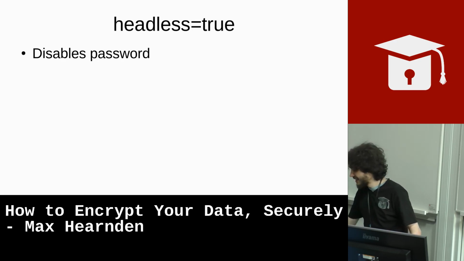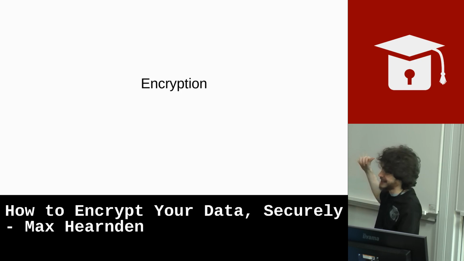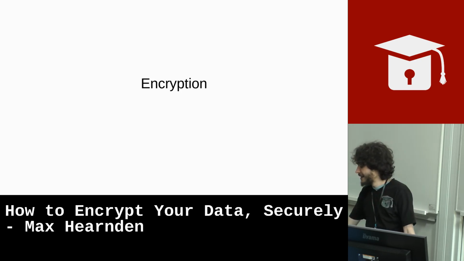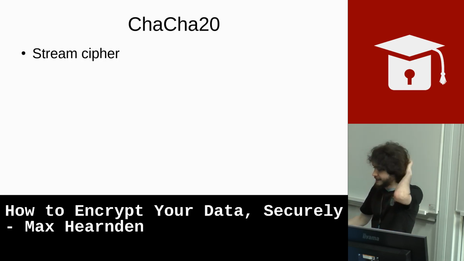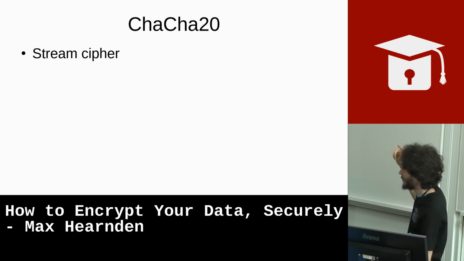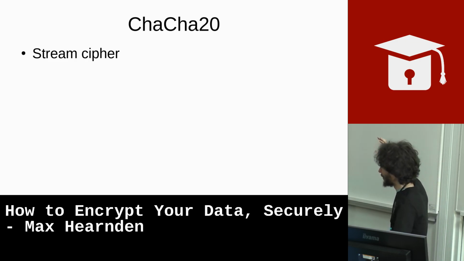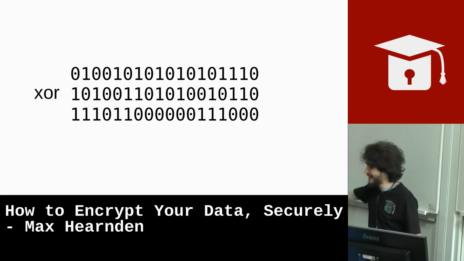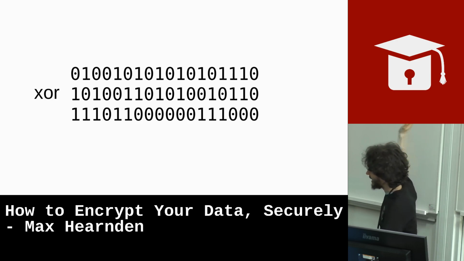Now for encryption. This encryption can't actually be used for disk encryption for various reasons, but I'm going to talk about ChaCha20, and it's a stream cipher, which means we have our plaintext at the top, and then our key in the middle, and then we have our output at the bottom.